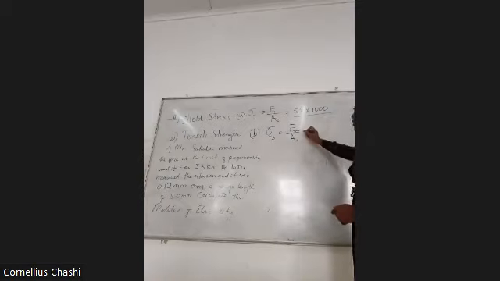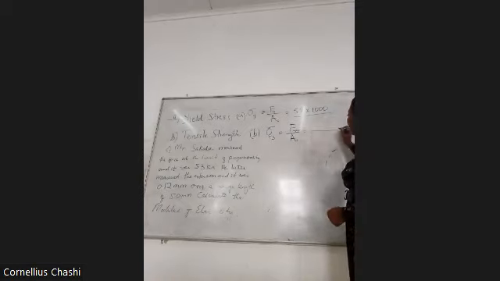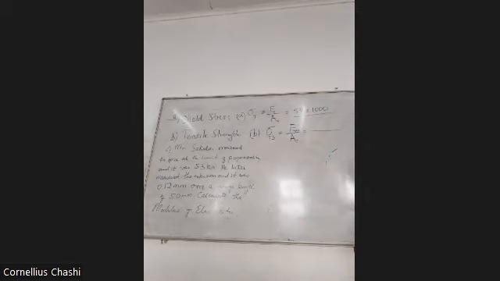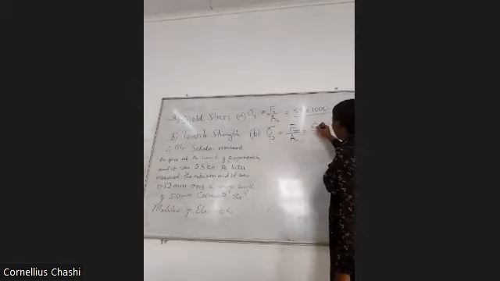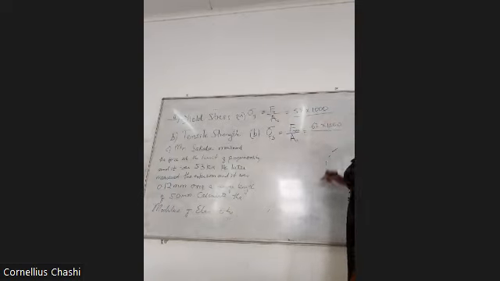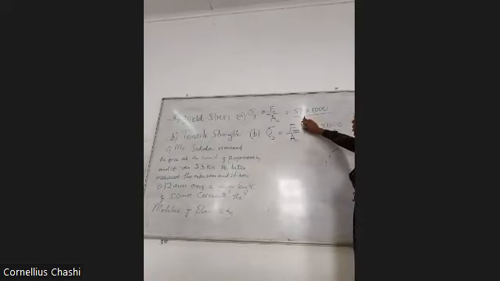Okay, so we have 67 kilonewtons. We're going to convert it to newtons by multiplying by 1,000.